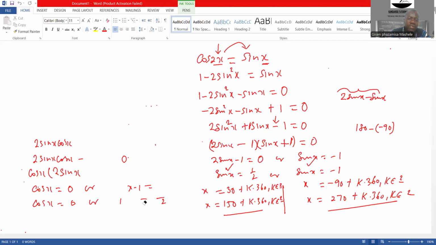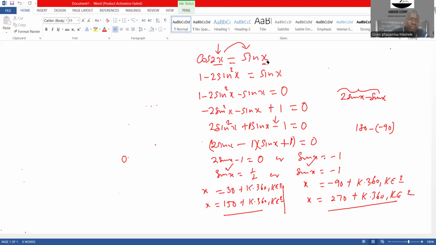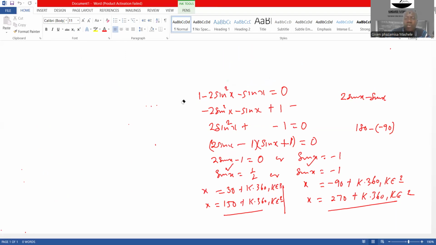Remember, there are many ways to skin a cat. I want to take you through the use of cofunctions when we are solving general solutions.